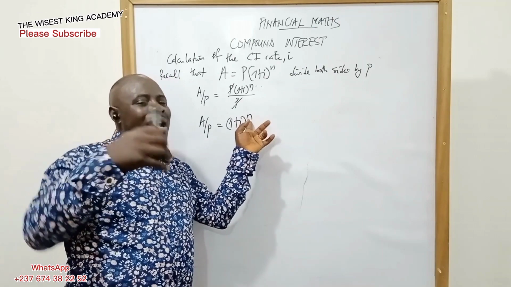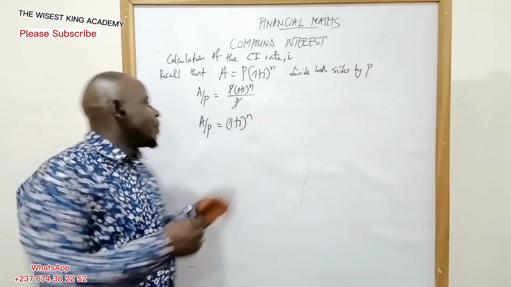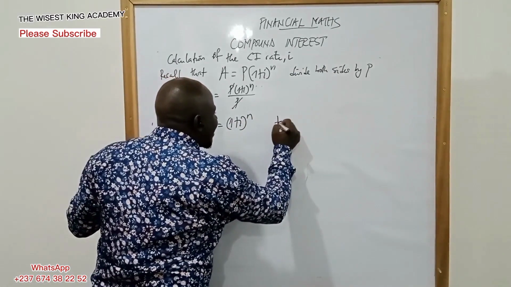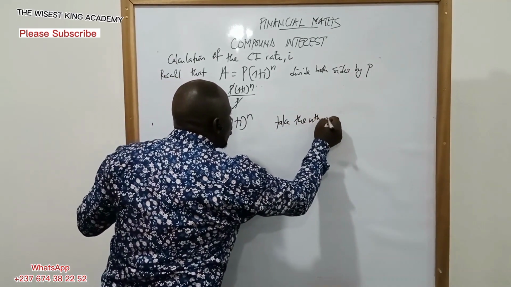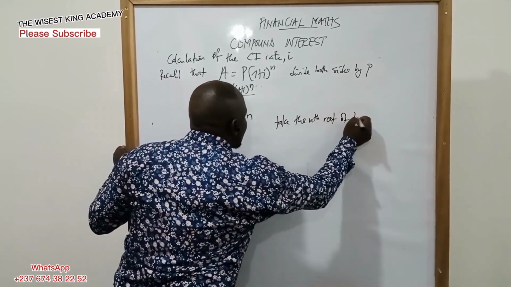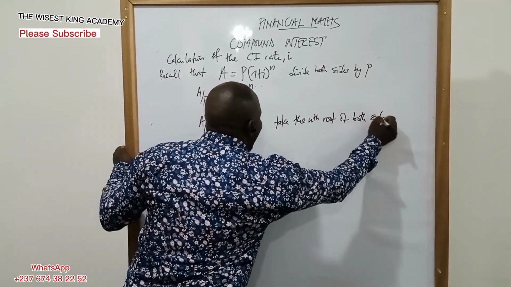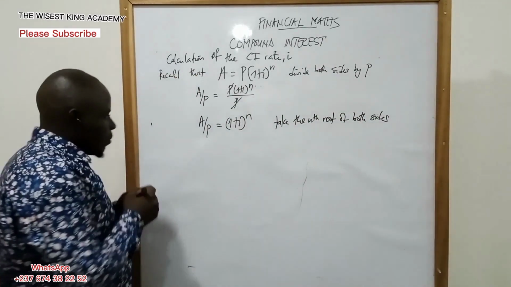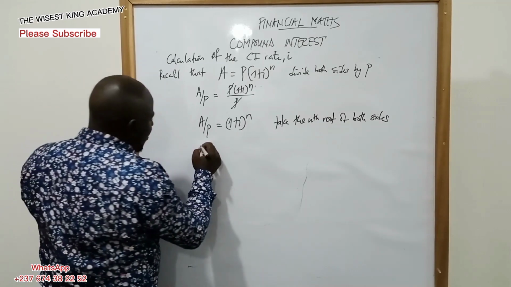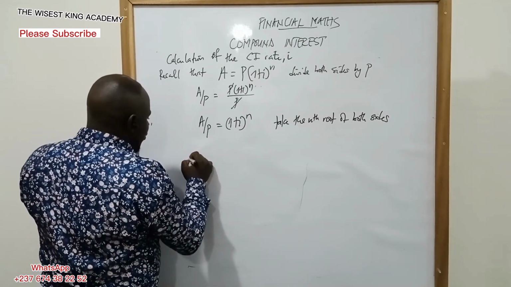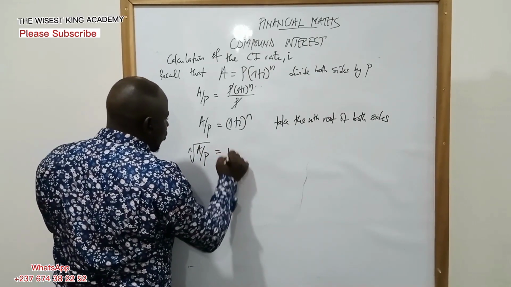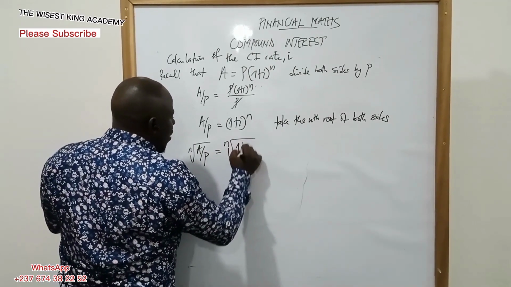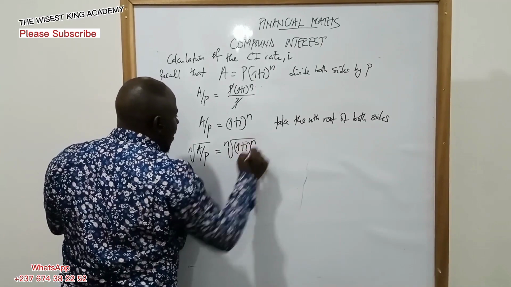The opposite of power is the root of that power. So what we'll do here is take the n-th root of both sides. The n-th root of A over P equals the n-th root of 1 plus i raised to the power n.